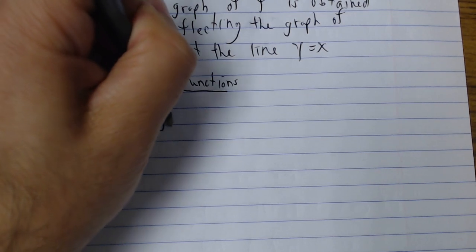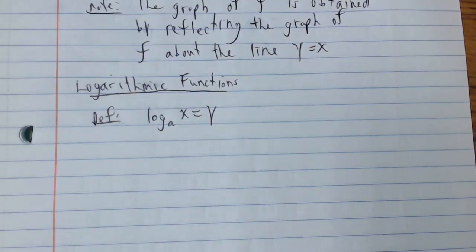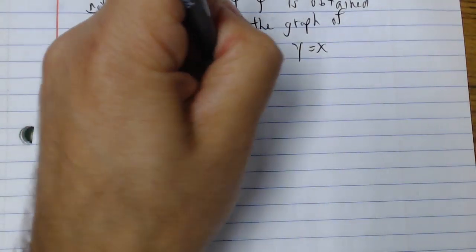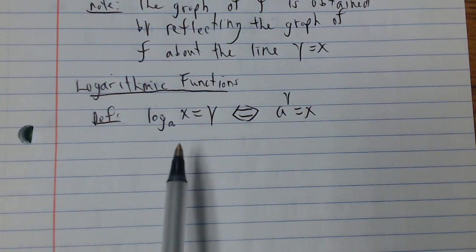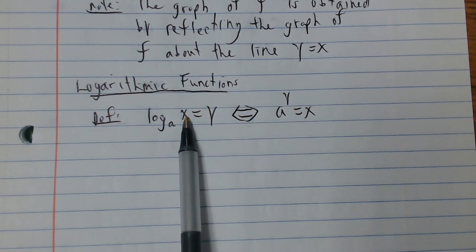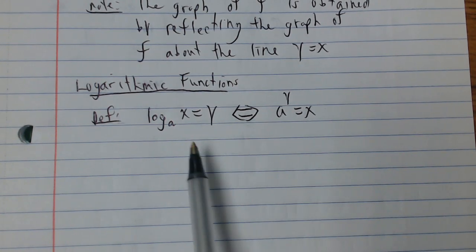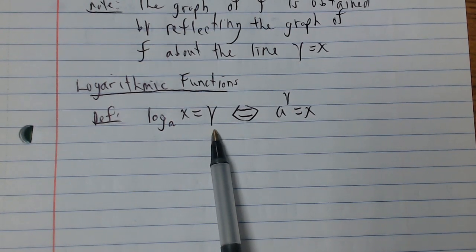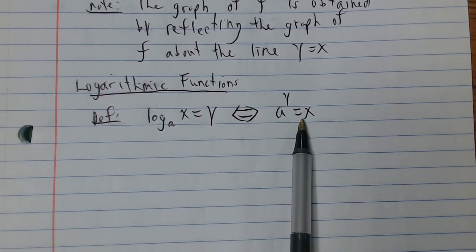The log base a of x equals y says the same thing as a to the power of y equals x. What makes logs complicated is when people try to think of it the other way. I personally like to always grab a logarithmic function and write it in exponential form.